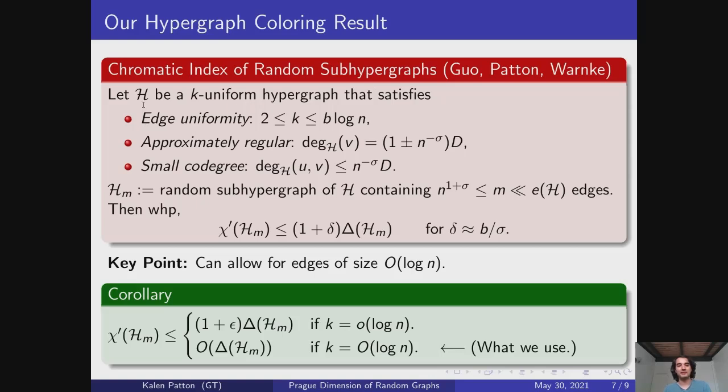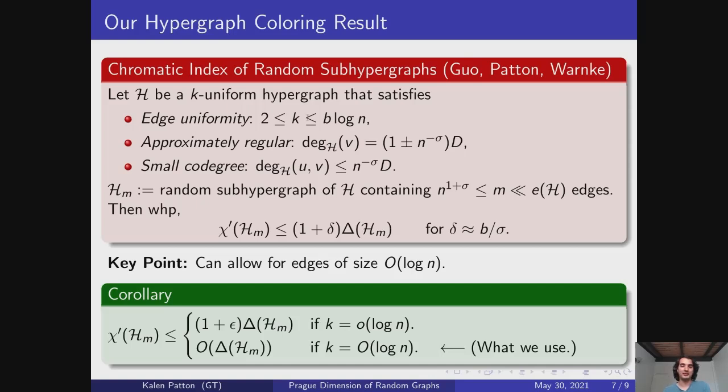This says that if we have a hypergraph H that is k-uniform and satisfies these requirements, so k must be at most b times log n for some constant b, and H must be approximately regular and have small codegree, then a random subhypergraph denoted H_M, which consists of m randomly sampled edges, m being much smaller than the total number of edges, satisfies that the chromatic index is at most 1 plus delta times its maximum degree, where delta is this other parameter that's proportional to b.